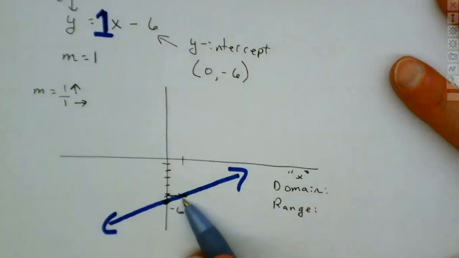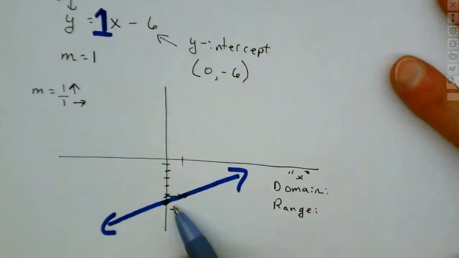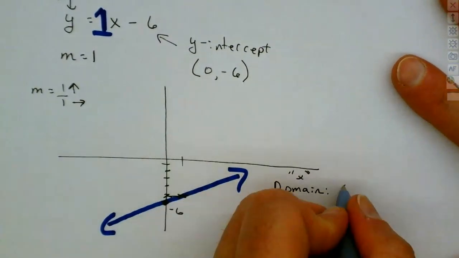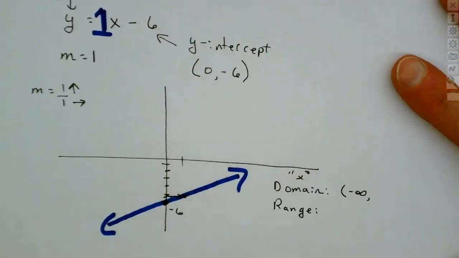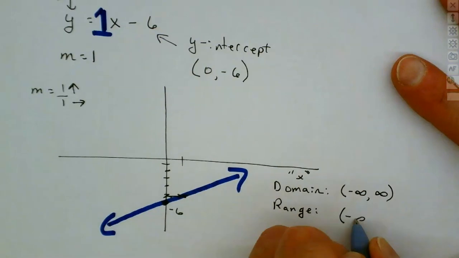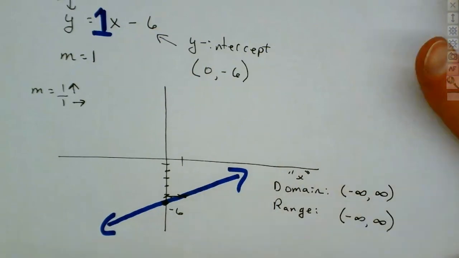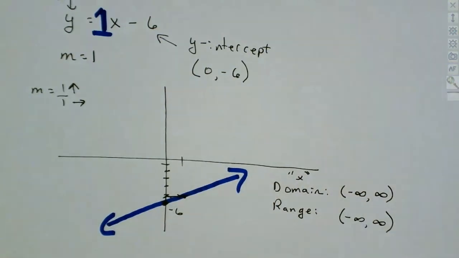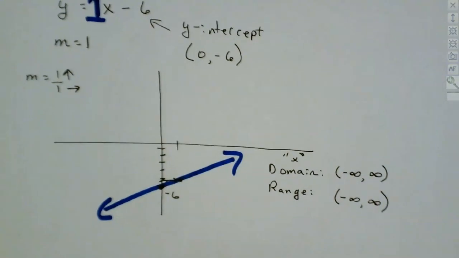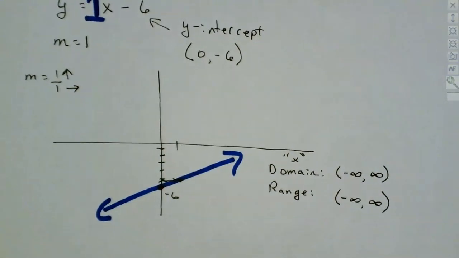So this is going up and to the right, down and to the left. So it goes left and right, so it's negative to positive infinity. And your range is also negative to positive infinity. On all diagonal lines, the domain and the range are the same. So they're always the same.